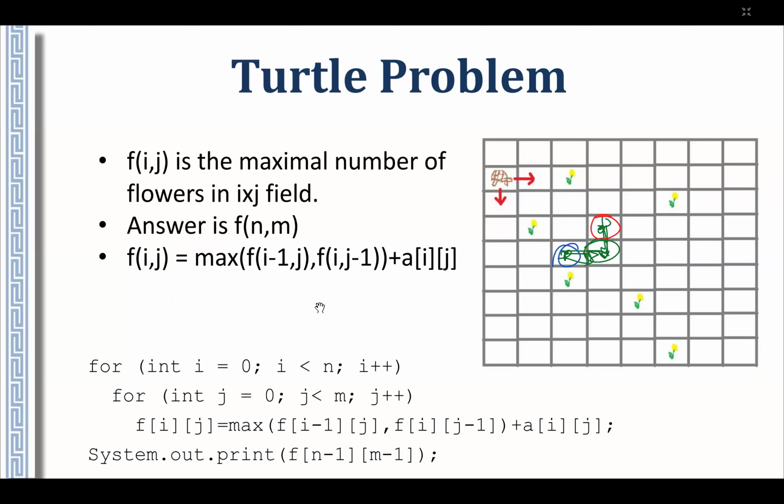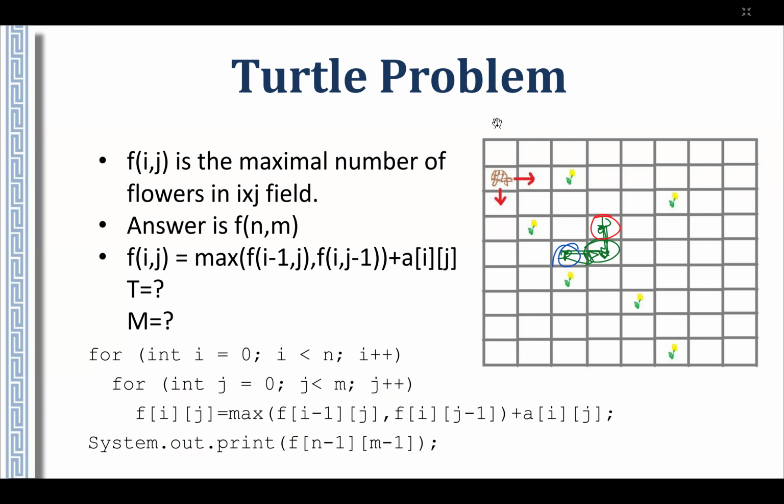And using this rule, we can fill all the cells of our matrix F[i][j]. After that, because it's based on 0, the result is in cell n-1, n-1. So we can compute it. But also, similar to the grasshopper, we have an issue with corners. Before discussing the issue with corners, let us discuss time complexity and memory complexity.